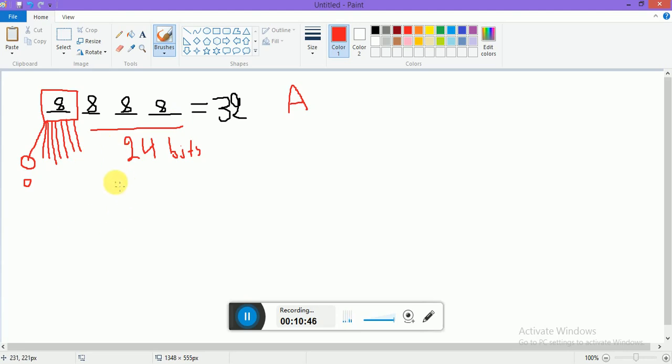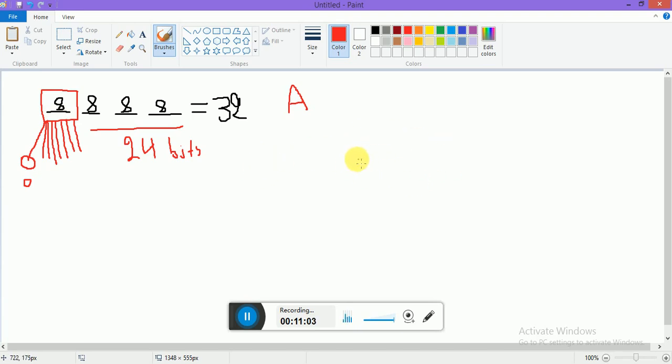Now let me discuss how many networks exist in class A, and how many host computers can connect in each network.